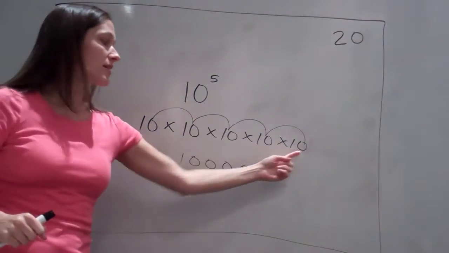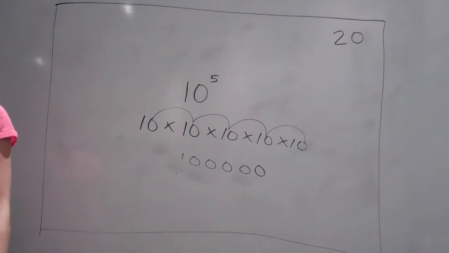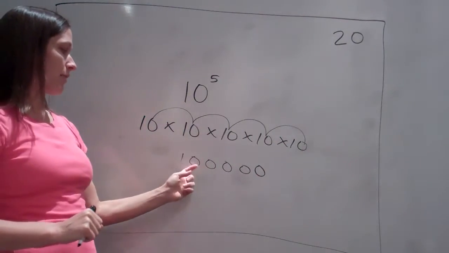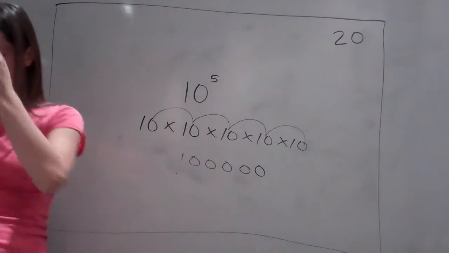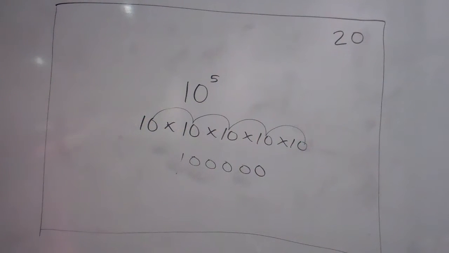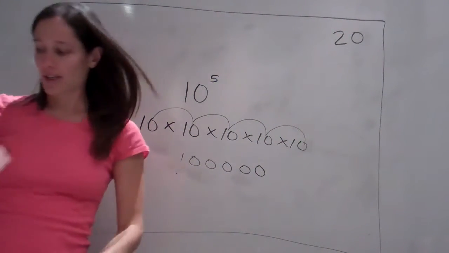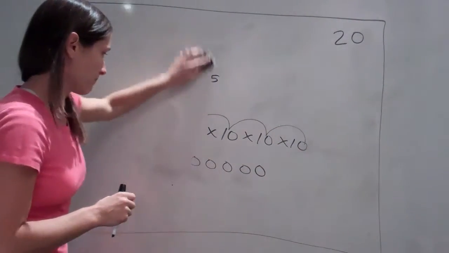That's what that equals. Isn't that cool? So 10s, 100s, all those are very easy to do, because you just write down how many zeros that says, and that's what you get. Everybody understand what I mean by that? Pretty simple?